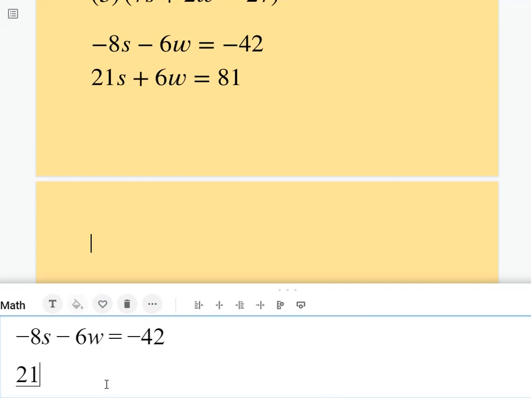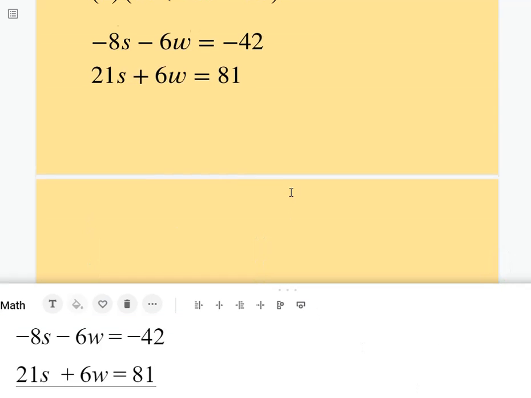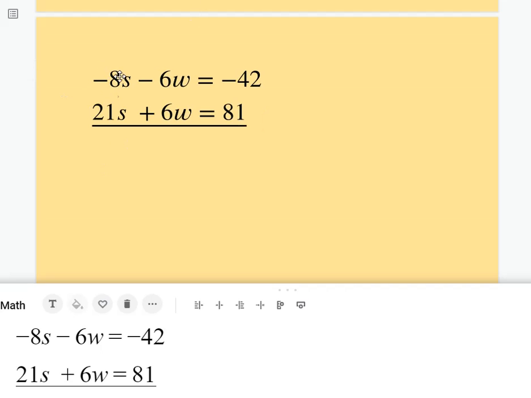So 21s plus 6w equals 81, right? Equals 81. Okay, so let me put that here. You will understand why I had to do that. We're adding these two equations now.